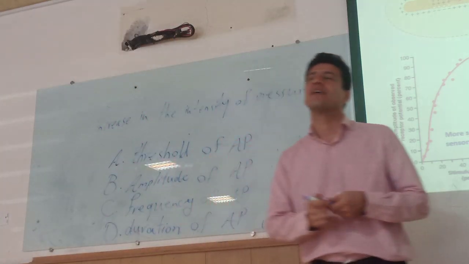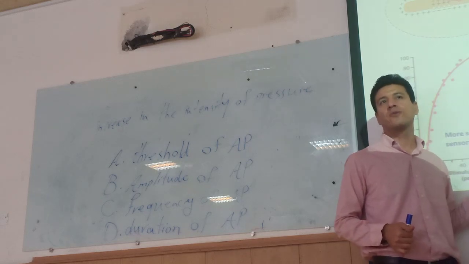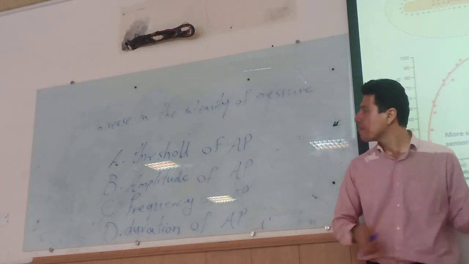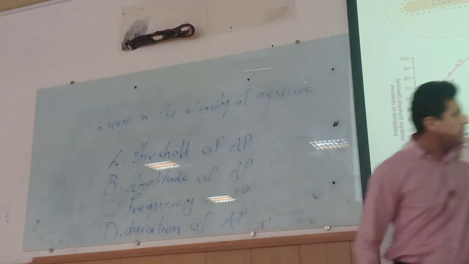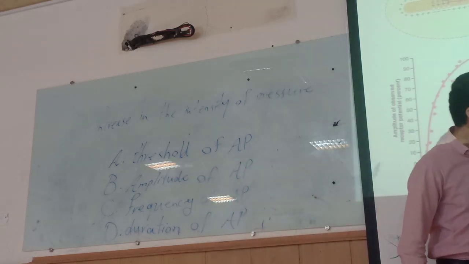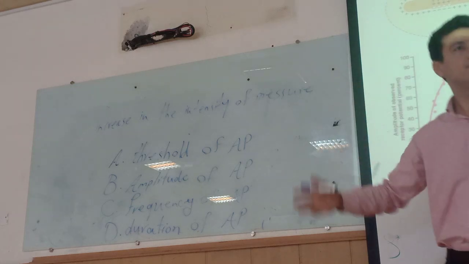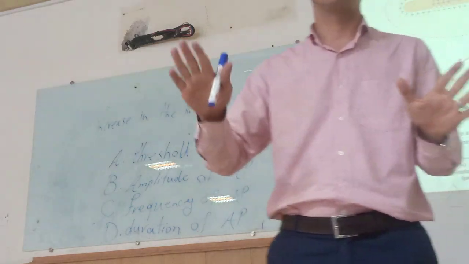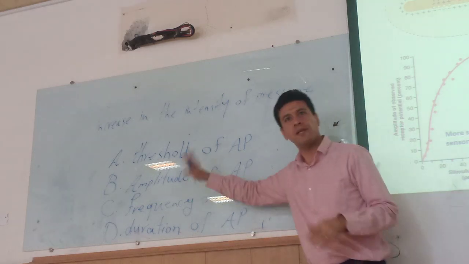Okay, so by increasing the pressure on the Pacinian corpuscle, threshold doesn't increase because it's constant. Okay, so this is the threshold. The size of the action potential doesn't increase. The size of action potential is constant. So amplitude is constant.